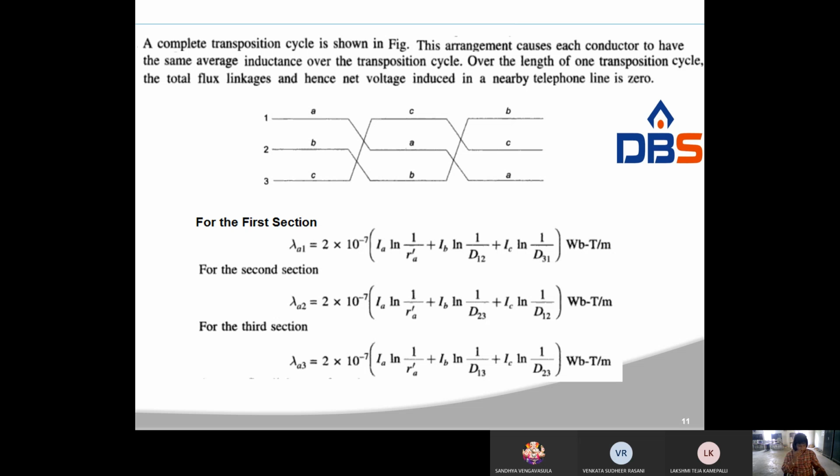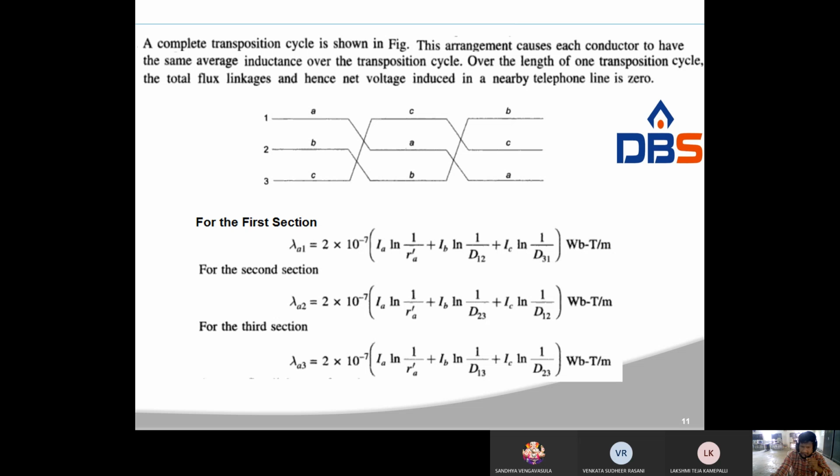Right? And we already derived this last time. Our first section flux: this is the self, and these two are the mutual. So IA gives the self inductance, and these two are the mutual inductances from the second position and the third position on the first position.